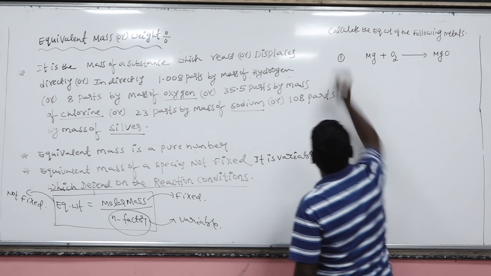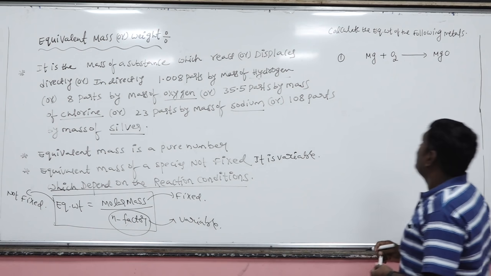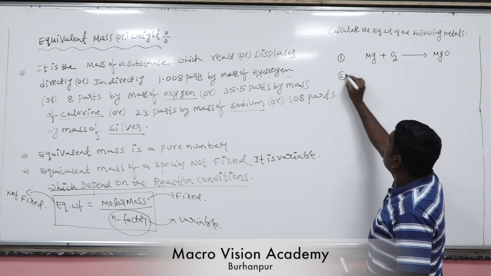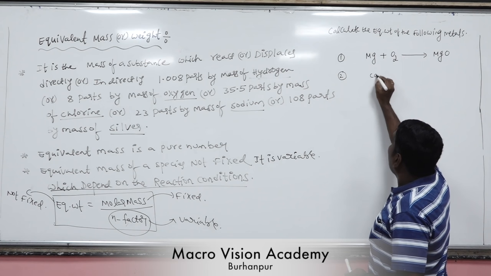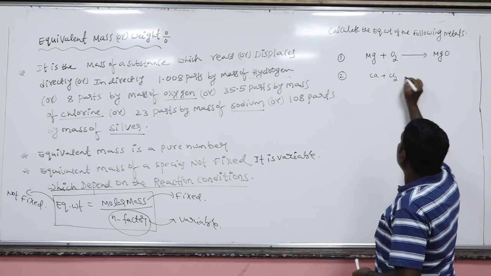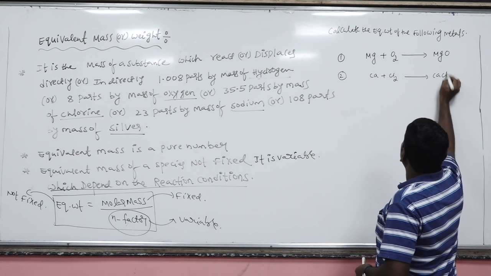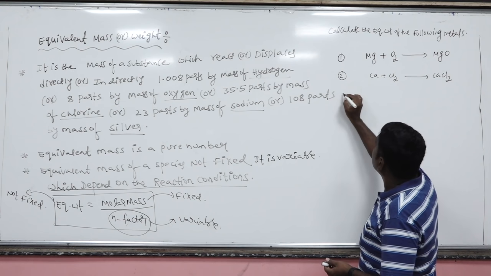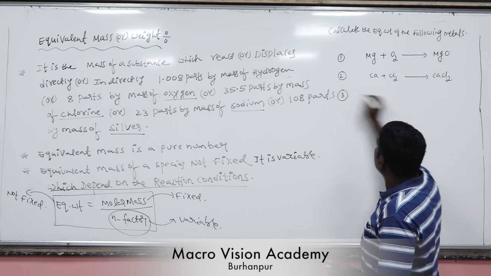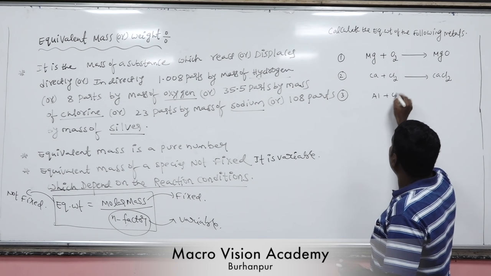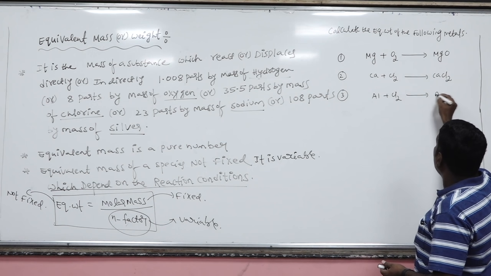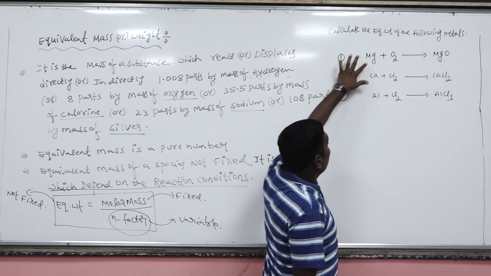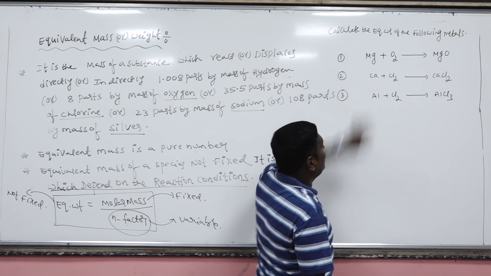This is the first question. Okay. Now, second question: calcium combined with chlorine to give calcium chloride. Aluminium combined with chlorine to give aluminium chloride. Now the question is, calculate the equivalent weight of magnesium, calcium and aluminium.